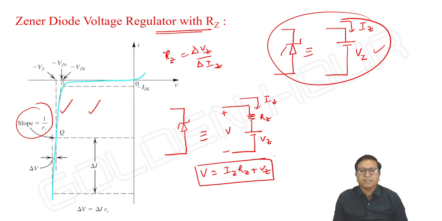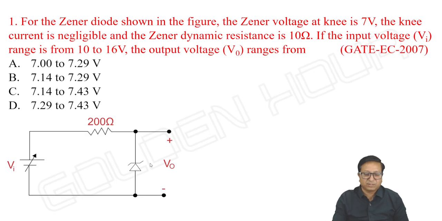Now let us see some problems based on this representation of the Zener diode. The first question: for the Zener diode shown in the figure, the Zener voltage at the knee current is 7 volts. The knee current is negligible, and the Zener dynamic resistance is 10 ohms.